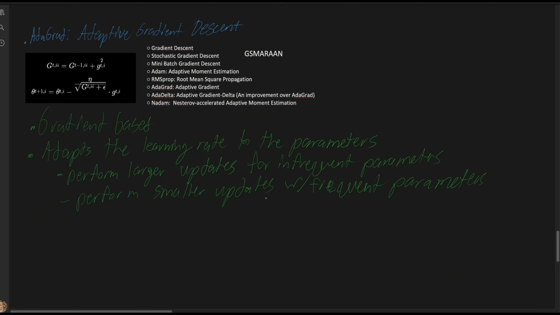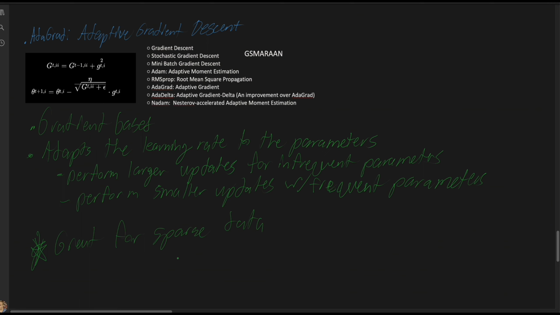It is particularly suited for dealing with sparse data, so great for sparse data. The benefit of autograd is that it eliminates the need to manually tune the learning rate, as we discussed before.